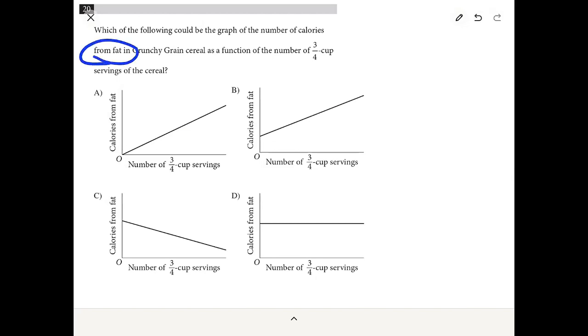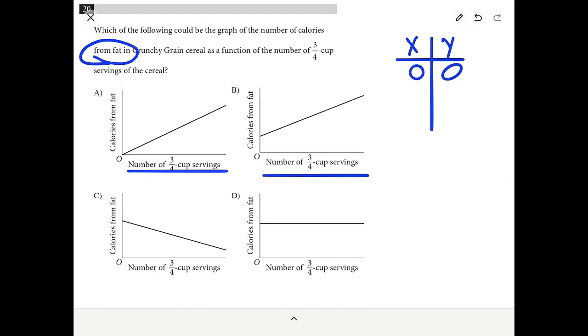So we know that if there's 0 servings, we have 0 calories from fat. And we also know that if we get 1 serving of crunchy grain cereal, that's going to be 50 calories from fat.